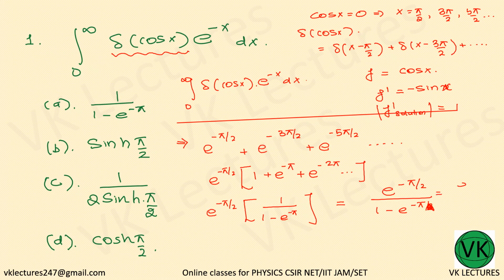So e to the power minus pi by 2 times 1 divided by this one, I can write as e to the power minus pi by 2 divided by e to the power minus pi by 2 times e to the power pi by 2 minus e to the power minus pi by 2.